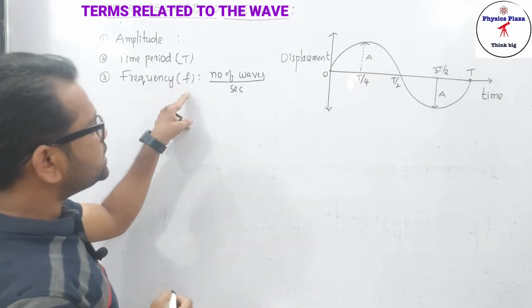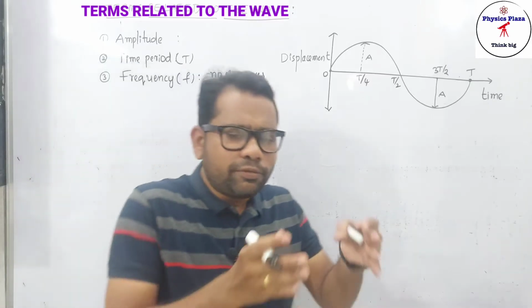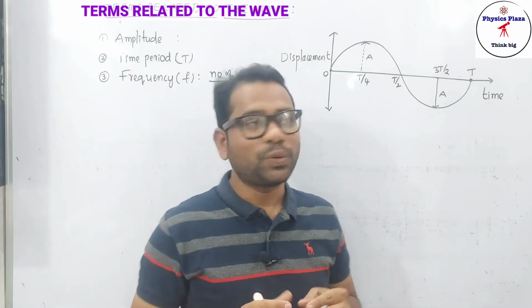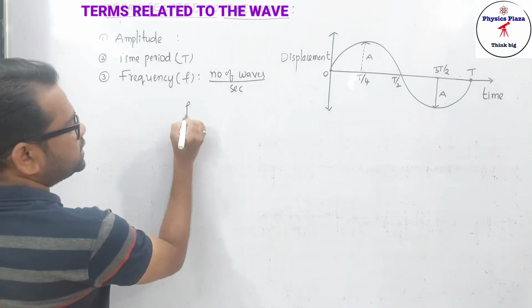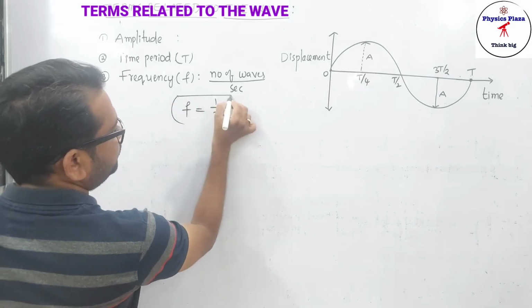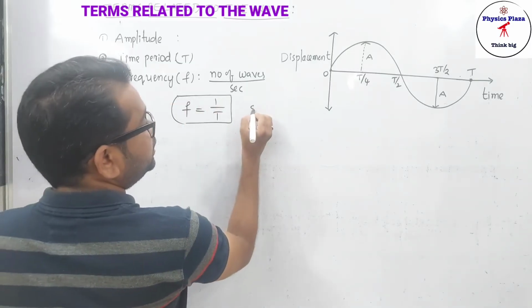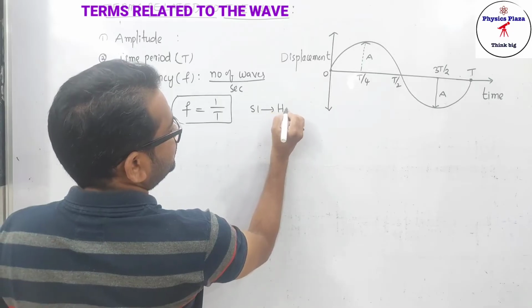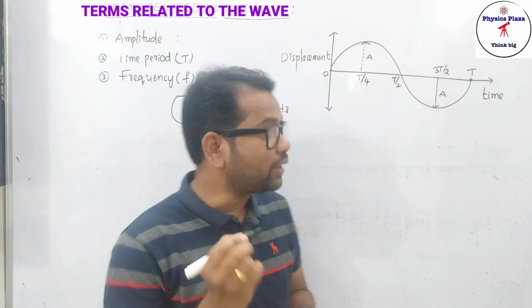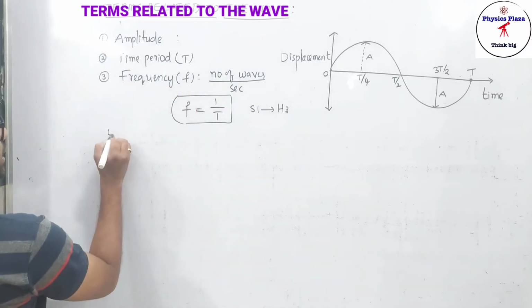Children, frequency is the reciprocal of time period, because if more time is taken, then definitely fewer waves are formed. The SI unit of frequency is hertz. Is it clear? Fine.